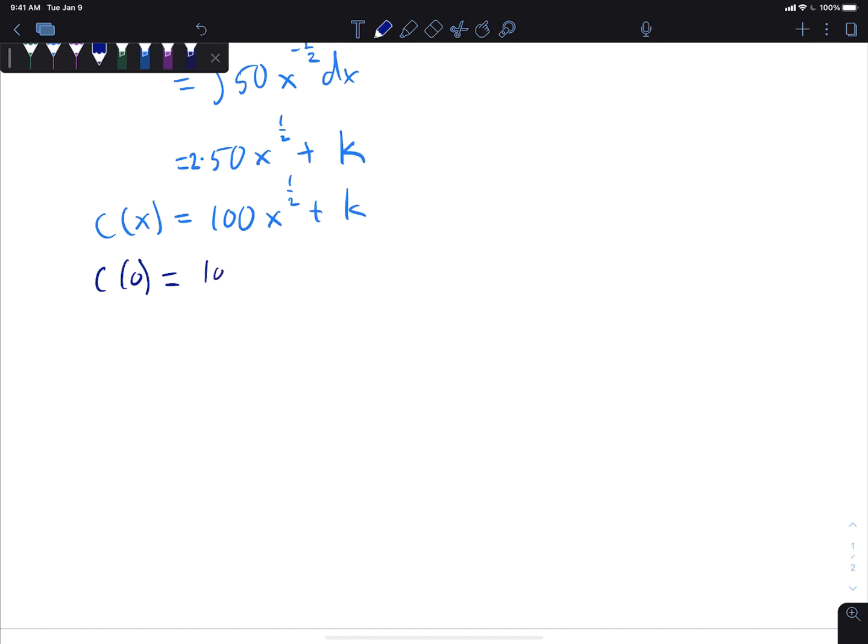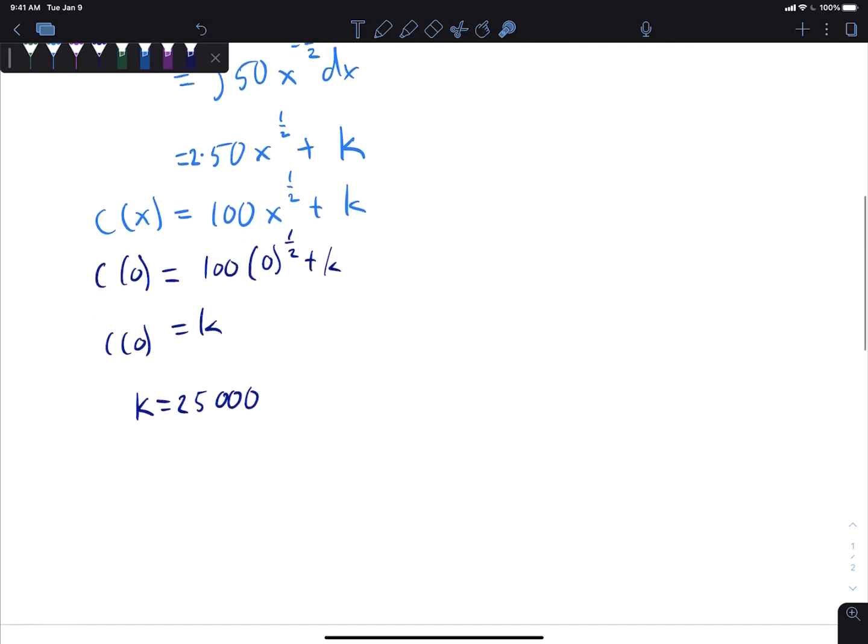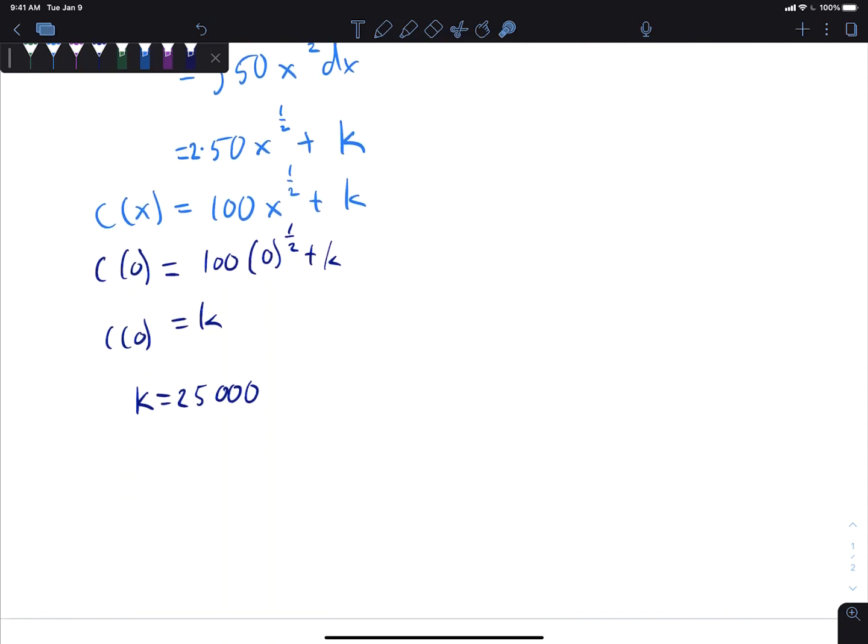Well, C of 0 equals 100 times 0 to the half power plus k, and that equals k. And so if C of 0 equals k and C of 0 equals $25,000, that means that k has to be $25,000. In other words, you set each of these equal to each other. Set this equation equal to this one right here. And then solve. But notice it's already solved, so we're pretty much good.